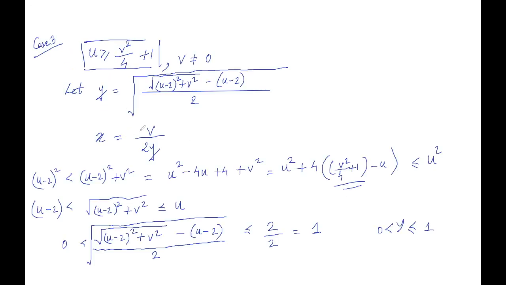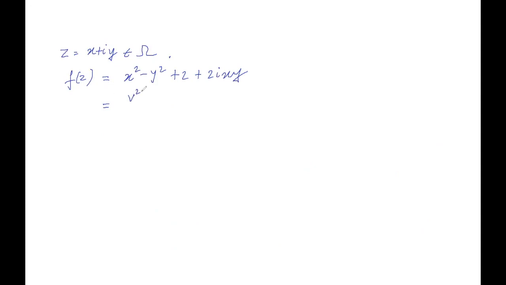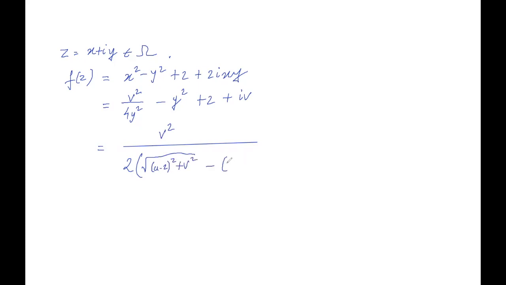Okay, so now again I take z, x plus iy, which is in my domain omega, and then f of z will be equal to x square minus y square plus 2 plus 2ixy, as we have seen earlier, and this will be equal to, now remember I took my x to be v by 2y, so this is coming out to be v square by 4y square minus y square plus 2 plus iv, and this is equal to v square by 2 root of u minus 2 whole square plus v square minus u minus 2.